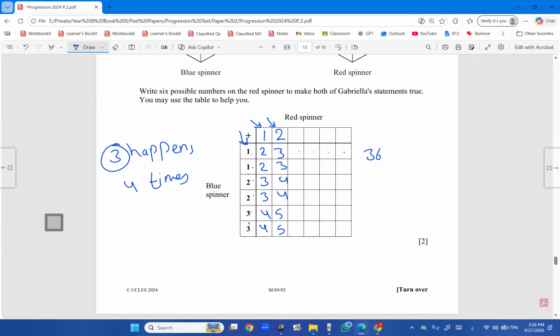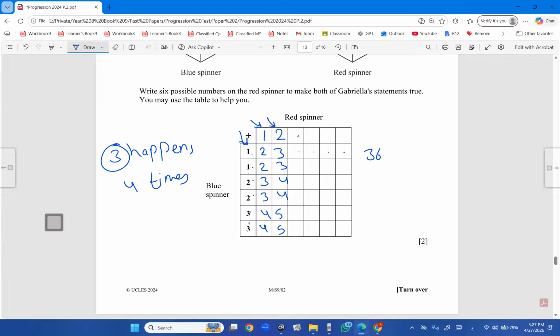Do I need to add any more 3s? No, you cannot have any more 3s. So you cannot have any more 1s or 2s here, because if you add 1 more or 2 more, I'm going to have more 3s. Having more 3s is going to ruin it. I want only 4 3s.